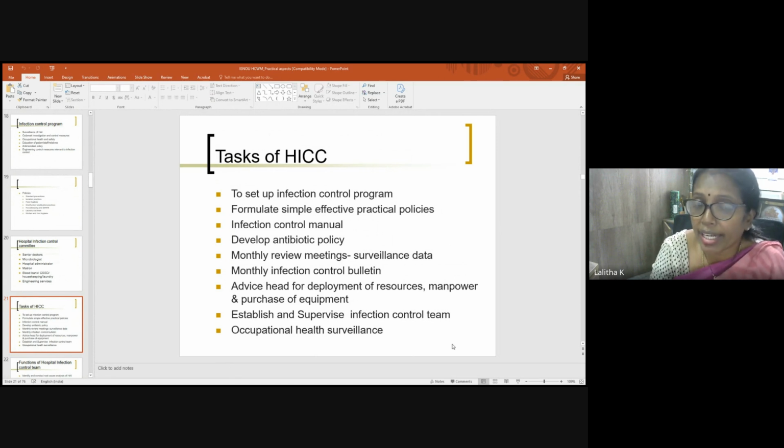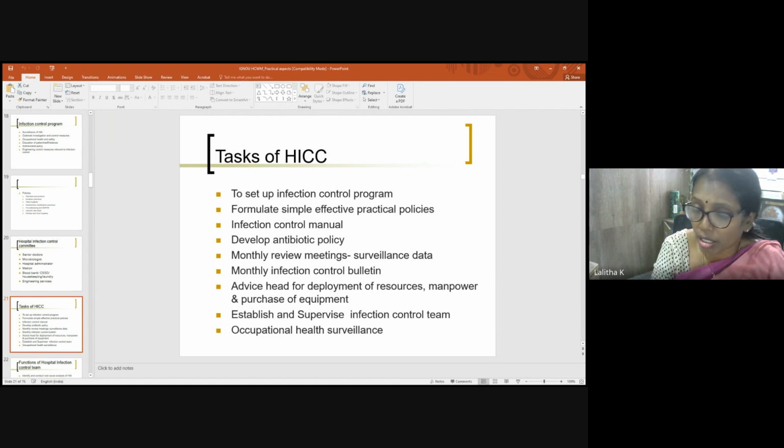Just to highlight the points: to set up the infection control program, to formulate simple, effective, practical policies, and to develop an infection control manual. I think many of the hospitals are going in for NABH audit and similar audits. These are all mandatory. Develop antibiotic policies. Have review meetings every month, especially looking at surveillance of hospital-acquired infections. Usually we do that.